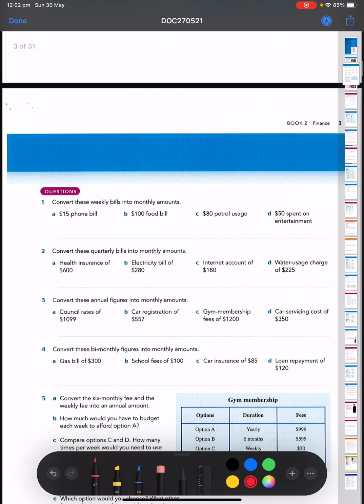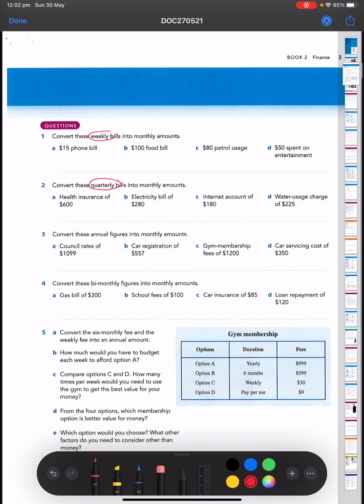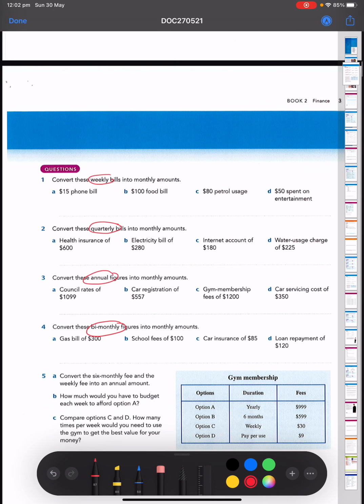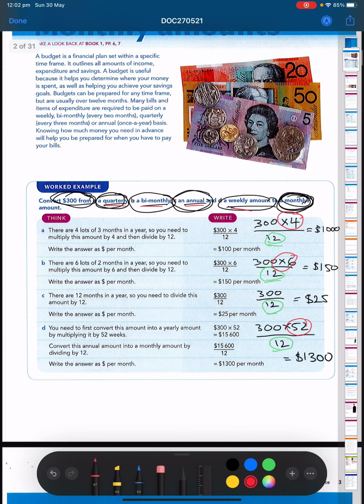Question 2, we are converting quarterly bills. Question 3, we are converting annual, and question 4, we are converting bi-monthly. So looking at the exact questions here, for quarterly, you are going to follow example A up here, that first one.